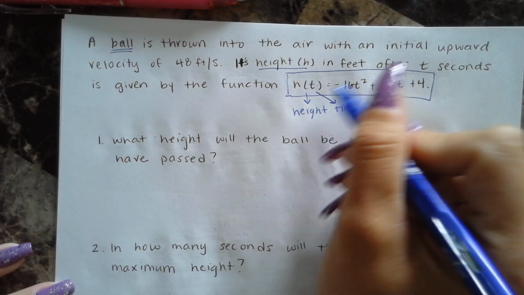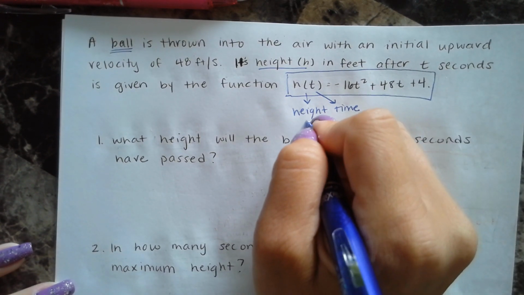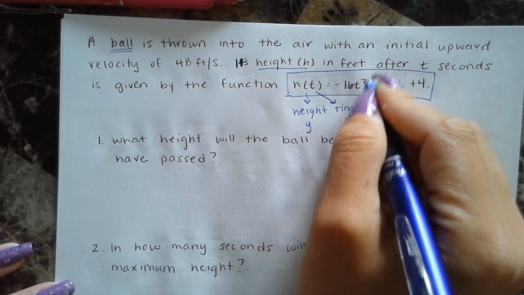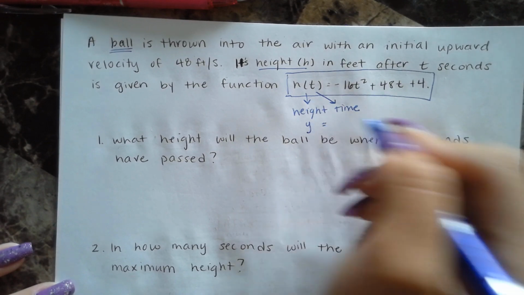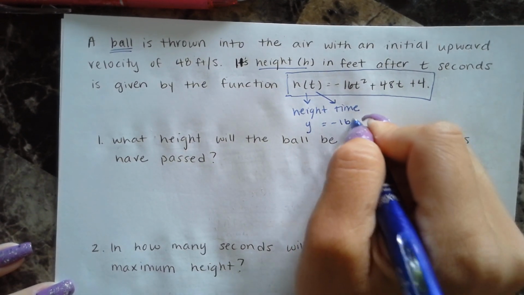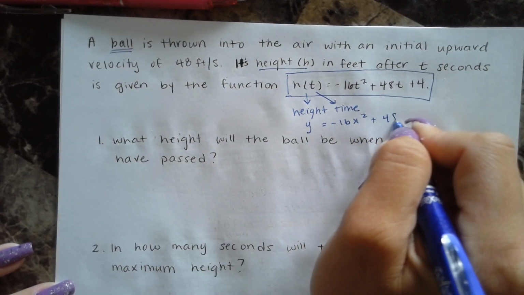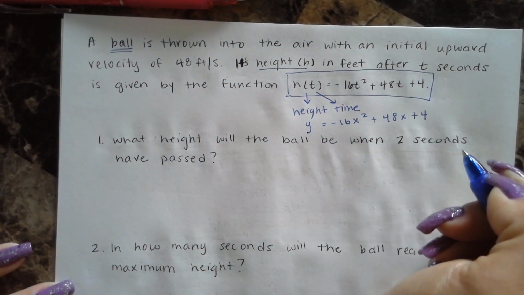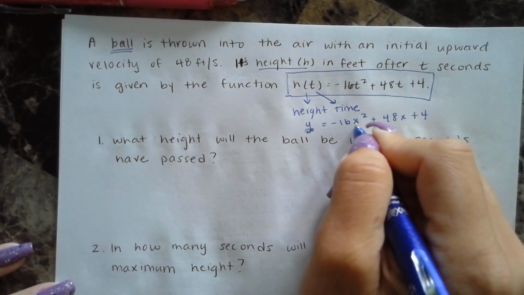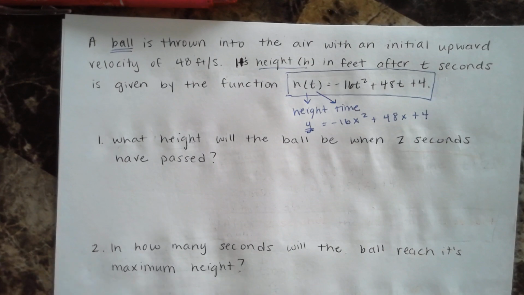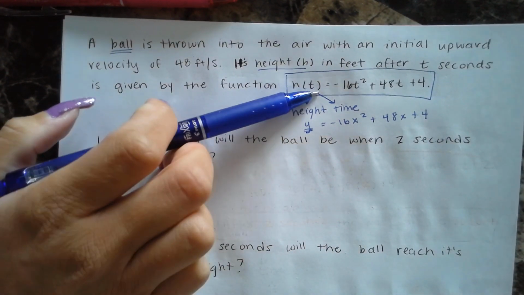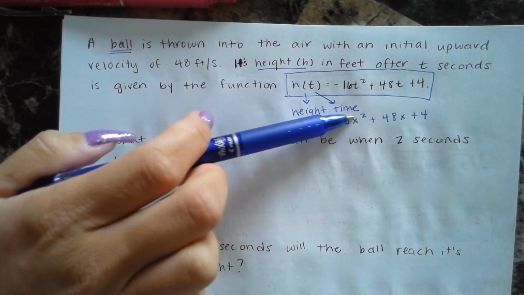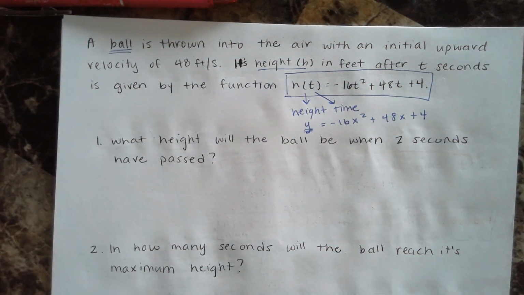If you were to look at this, this would have been your y, and then your t's could have been x's: negative 16 x squared plus 48x plus 4. So you have your height, and then all of your x's are the times. That's just another way of looking at it. So h of t is also y, t's are also x's. I just want to point that out, all right?